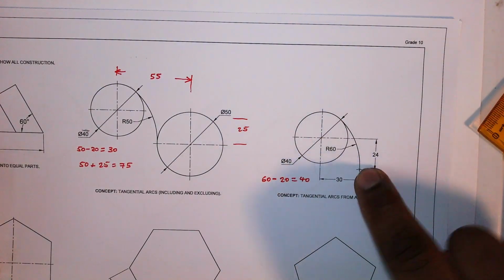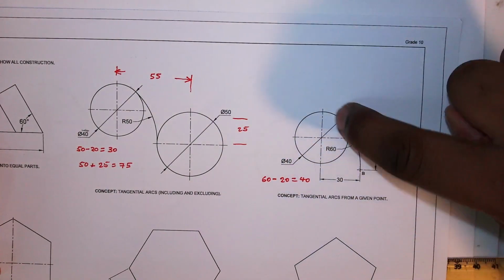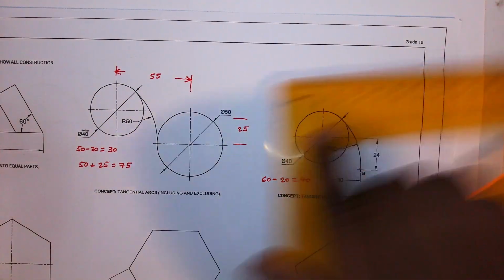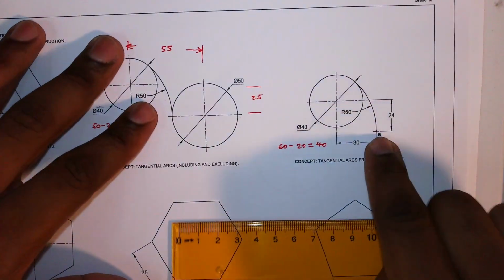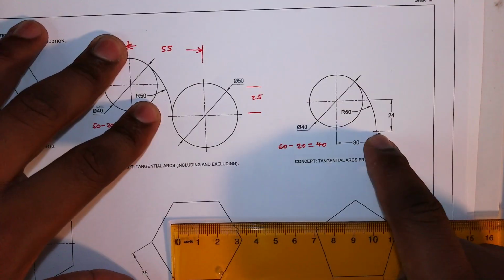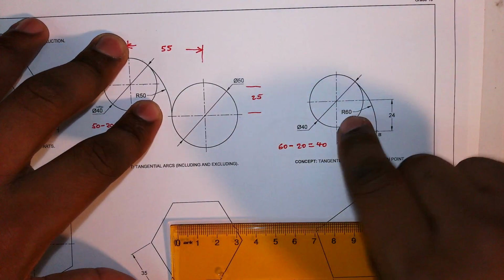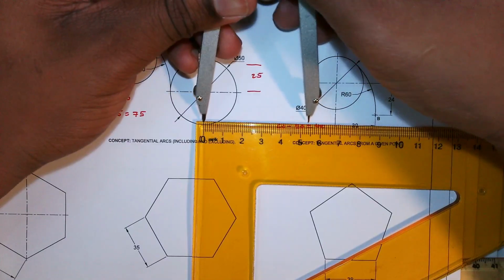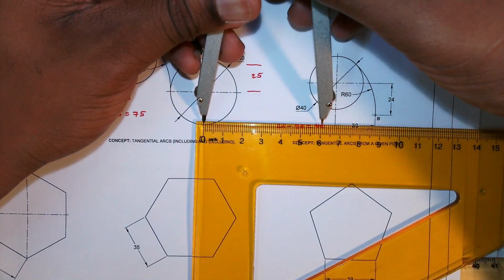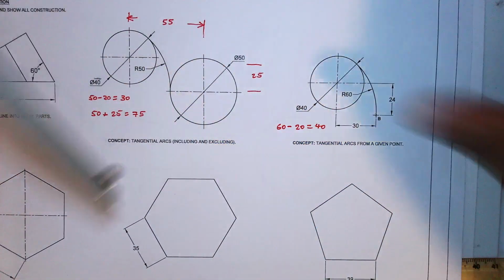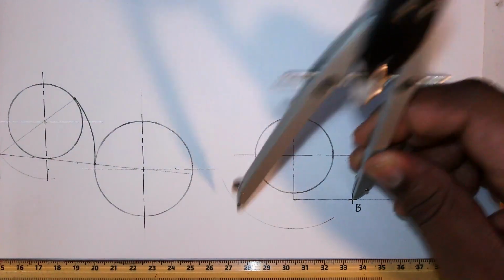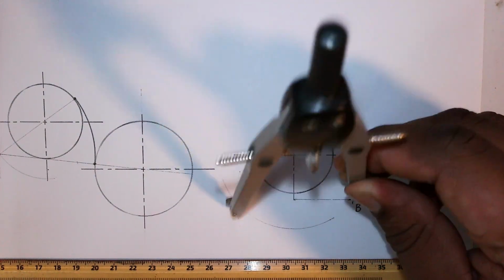Now I move to point B. The radius of the arc is 60, so I measure 60 on my compass. Because this is just a point, not a circle, I just measure the radius of the arc. I take my compass, measure 60, put my compass at point B, and draw an arc.